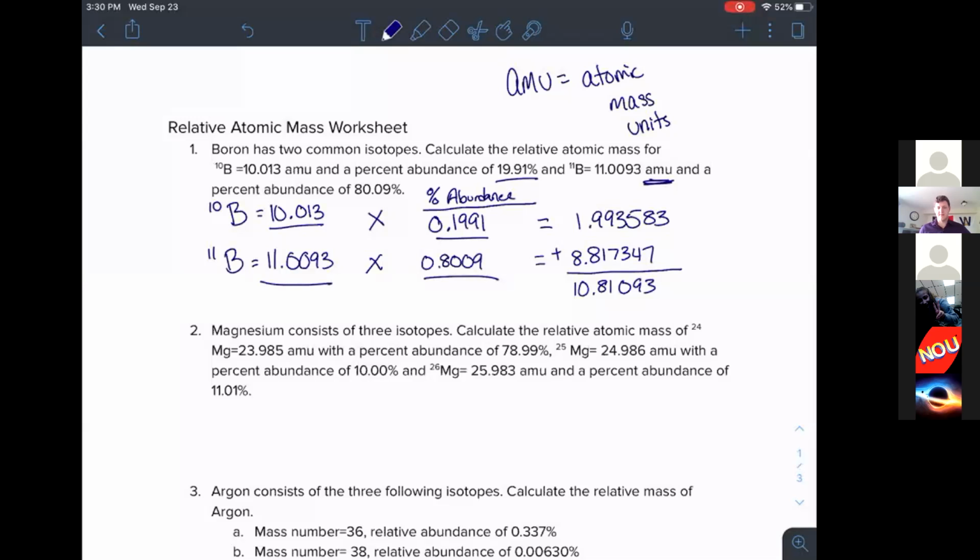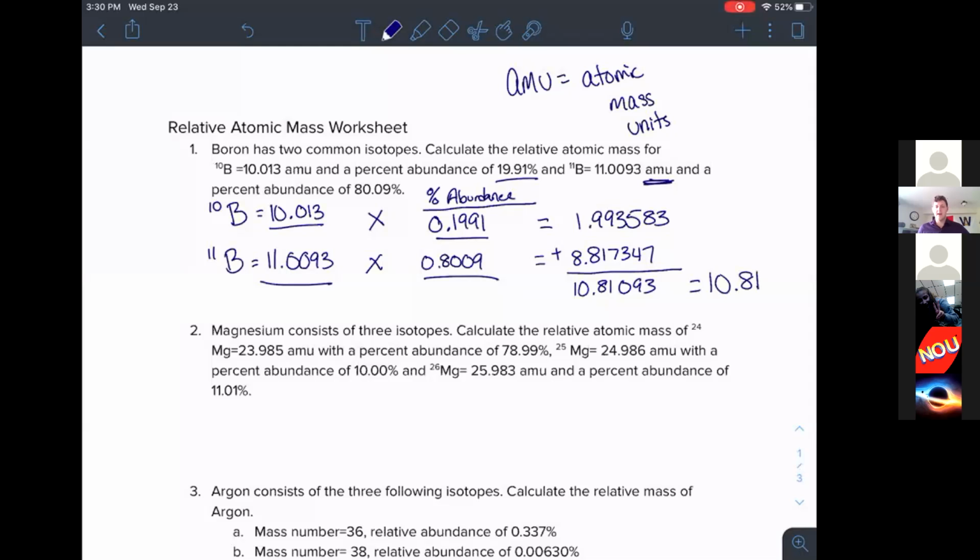And here? 6. So how many significant figures should we use? 4, 5, or 6? 4. Perfect.